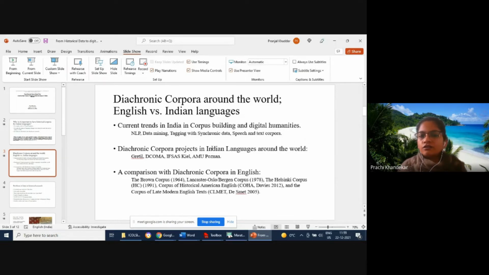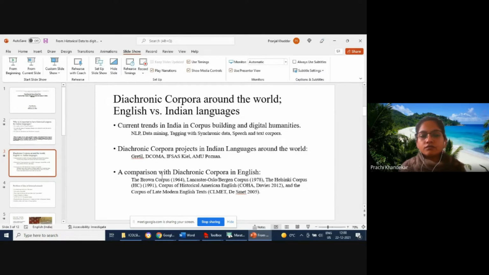There are only a handful of projects going on in Indian languages as far as diachronic corpora are concerned. These are Gretel, Ipsas from Germany, DCOMA in the USA, and AMU Poznan in Poland. There are probably other diachronic corpora projects for non-Indo-Aryan languages as well, but these are the ones I'm aware of that focus on Western Indo-Aryan languages, and they have a focus on Marathi. So I have mentioned these.